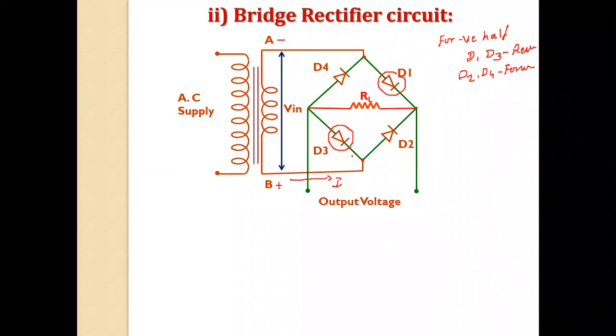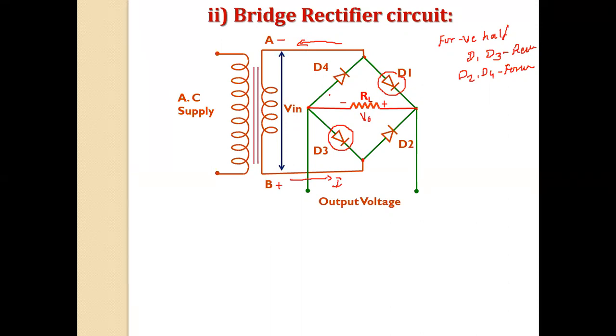This current will not take the path of diode D3; it will take the path of diode D2. Then the current comes here, and again it will not take the path of diode D1 as it works in reverse bias. So the entire current will take the path of RL, and based on that you get the polarity. Now when the current comes here, it will take the path of diode D4 and return to the negative terminal here. So this is the direction of current flow. Get it, my point?